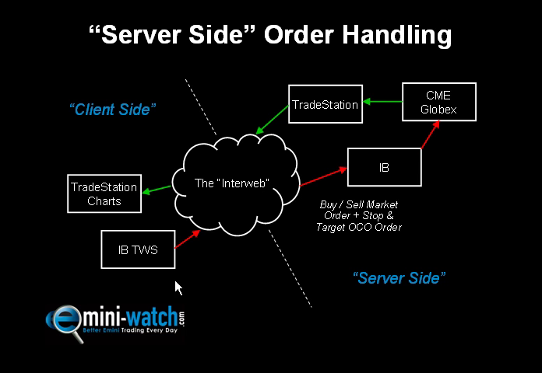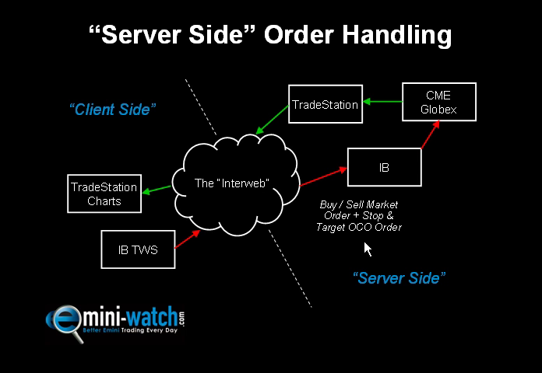I place an order through the Interactive Brokers Trader Workstation to buy or sell at market. I just hit two shortcut keys on my keyboard: B for buy, S for sell, and that immediately places my order through the broker, and attached to that order is a stop loss and a target.